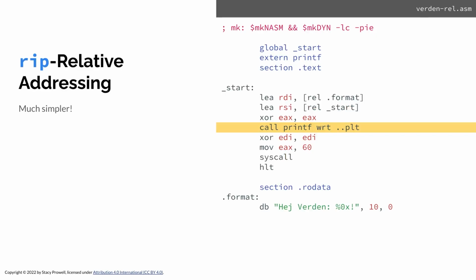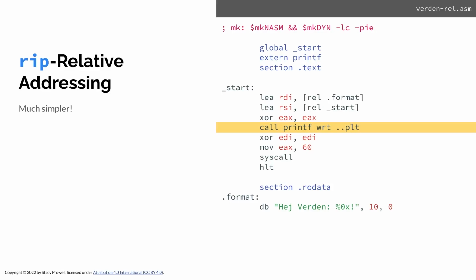What does that look like? It looks like that. After all that explanation, all that complexity behind the scenes, relocations, stuff in the GOT, stuff in the PLT, runtime stuff, all that is still happening.